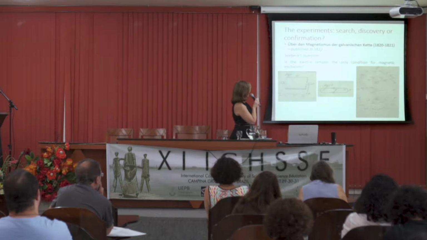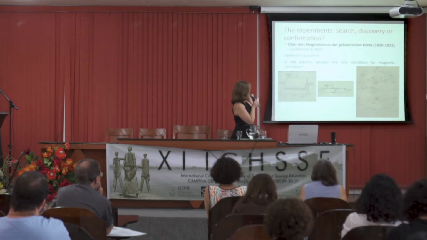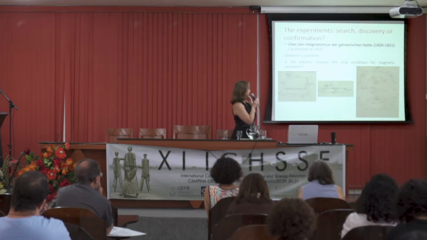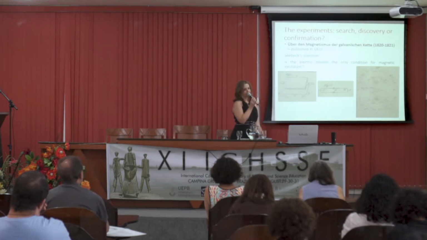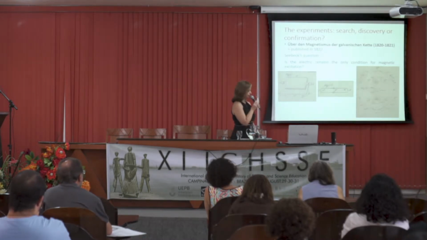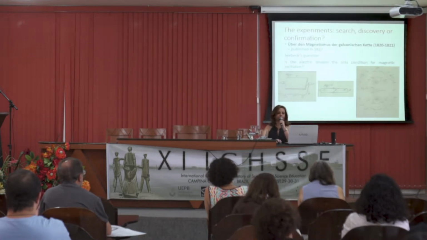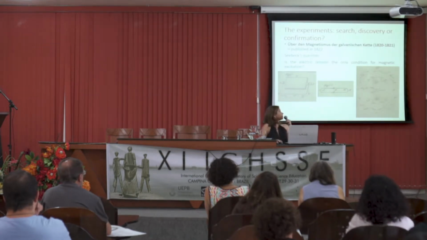So his first work about this is this one, on the magnetism of the galvanic current. And the experiment is very simple. His main question was, is the electric tension the only condition for magnetic excitation? And the answer is no, it's not.